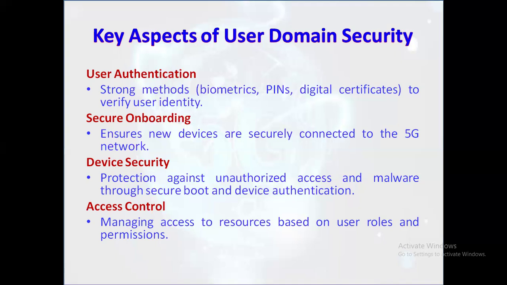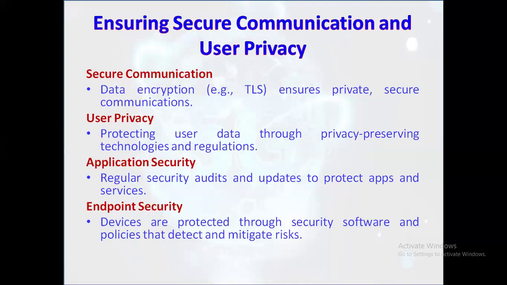This prevents unauthorized users from accessing sensitive data and services, helping to enforce security policies and ensure proper segregation of network resources. Next, ensuring secure communication and user policy. Secure communication is a cornerstone of user domain security in 5G.